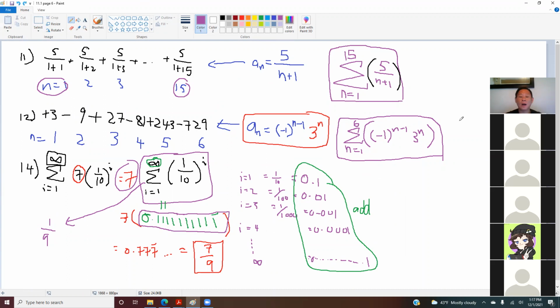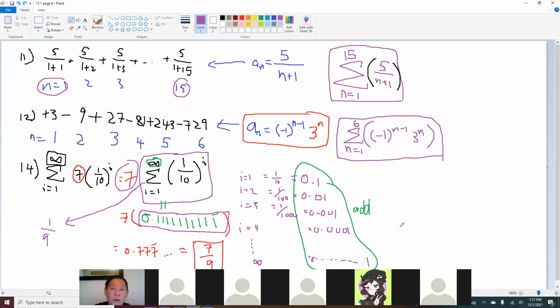Okay. You guys know what 0.33333 is, right? What's that in fraction? 1/3. So if I want to write this in a summation form, this summation will look like i equals 1 to infinity of 3/10 to the power of i.